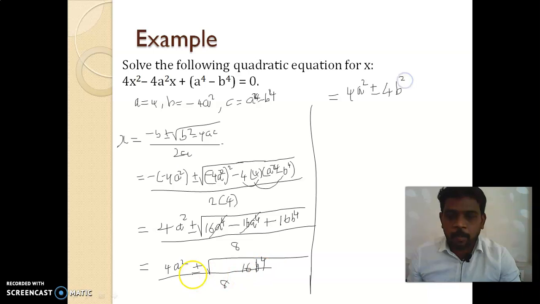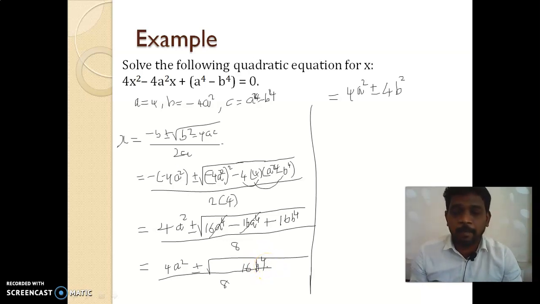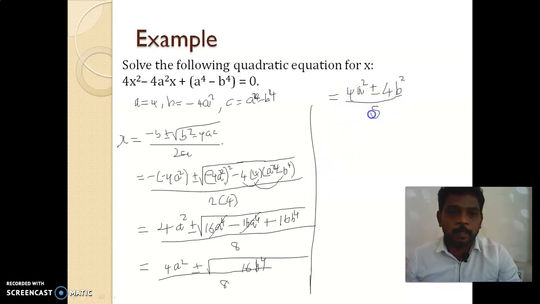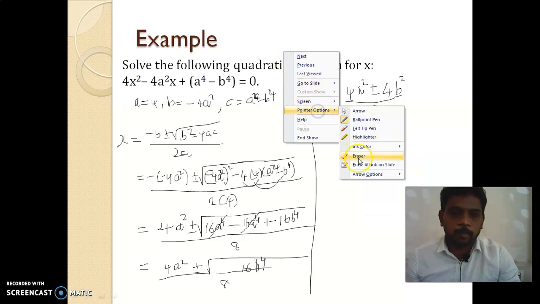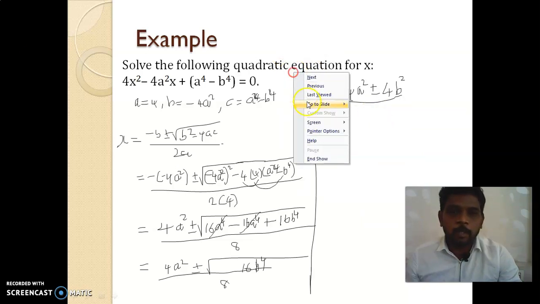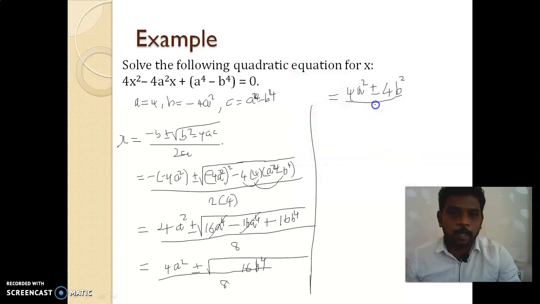Inside the square root, any variable having an even power means we can take half of that. It will be a square number. So a square means you can take a alone, a power 4 means a square, a power 6 means a power 3, like that. And whole divided by 8.